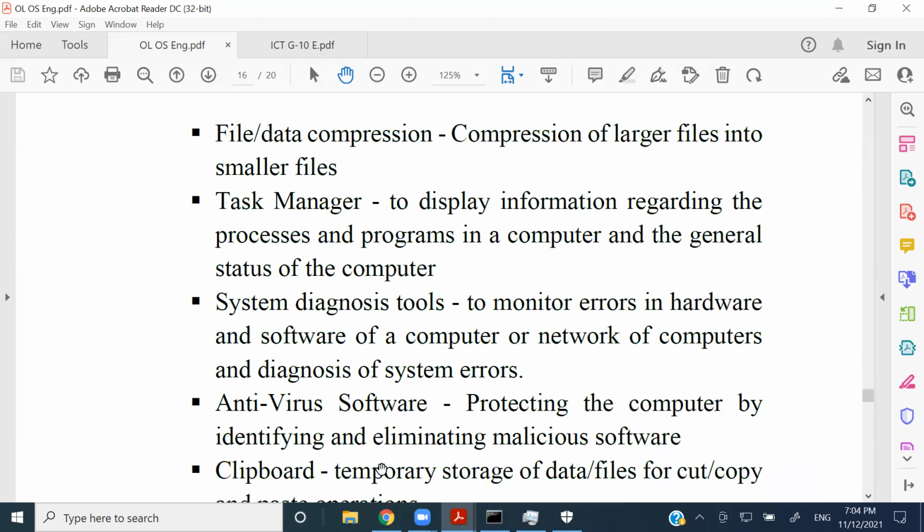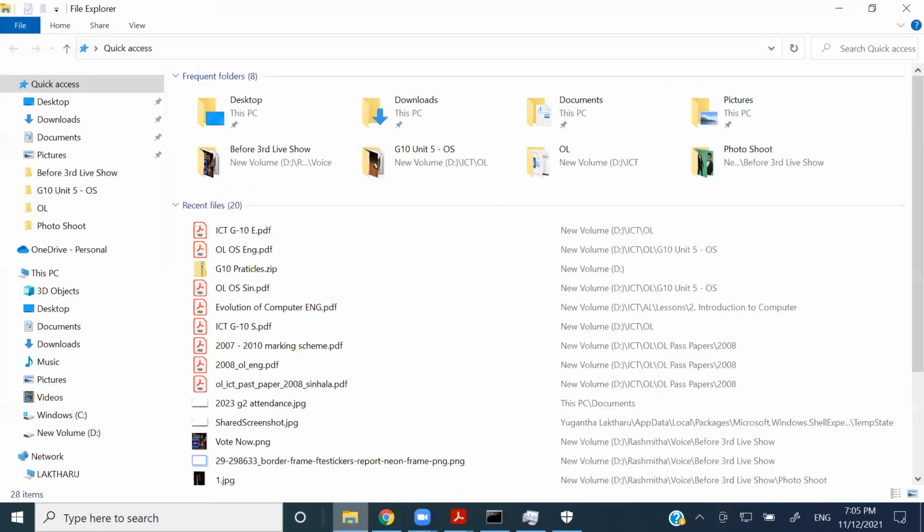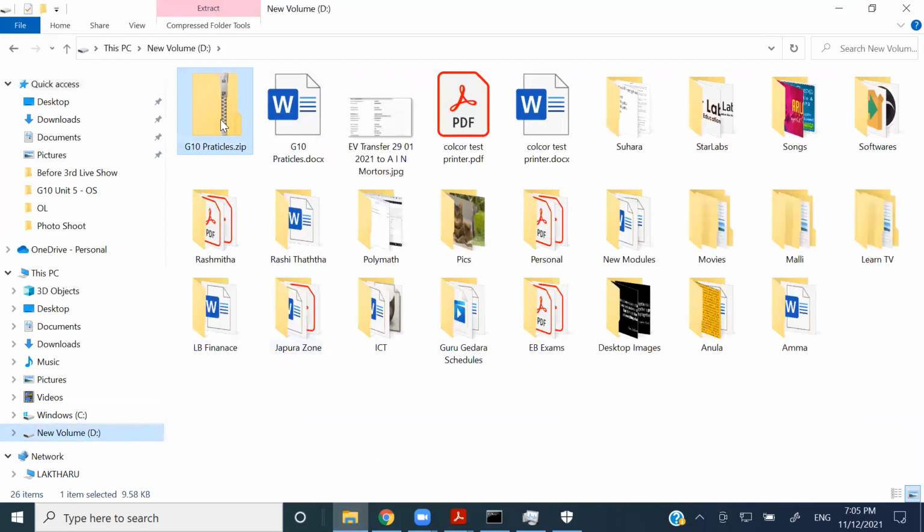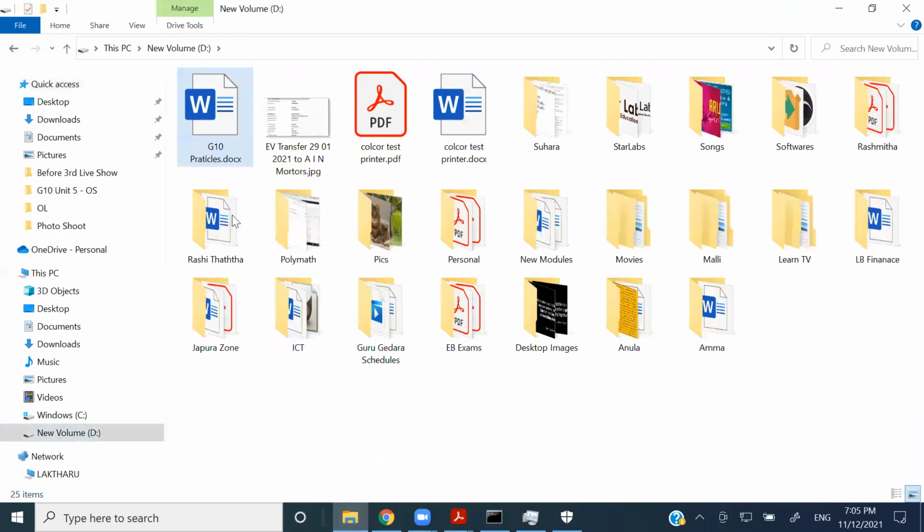Now, this is given as a facility of this operating system, right? This is the compressed one that I have done for the previous class. Now, you can compress a particular file or a folder as per your need, right? Due to the compression, you can reduce some capacity from a particular file.